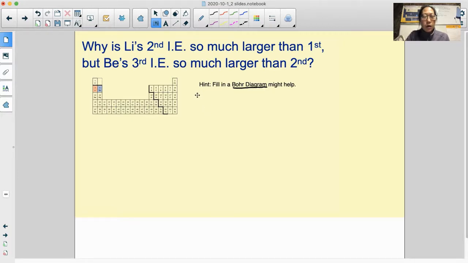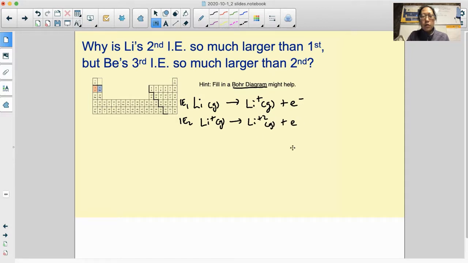So here, let's look at lithium first. For the first ionization energy, we're going to go from lithium atom to lithium plus, and you should be thinking right now, oh, I know this is going to look a lot like sodium. And you're right. Then we take the lithium plus ion and go to lithium 2 plus ion plus an electron.